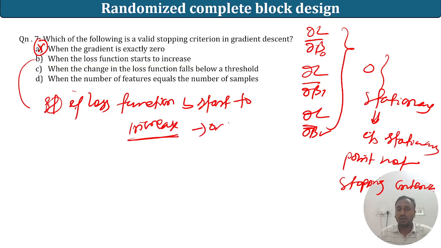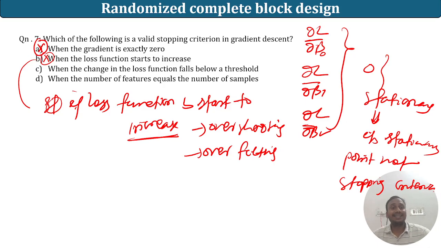It's going to be overshooting or overfitting. So this can't be the answer. When the change in the loss function falls below a threshold value, whatever threshold we put, if it comes below that, it means it's a stopping criterion, meaning after that no change will come. So this is the correct answer.